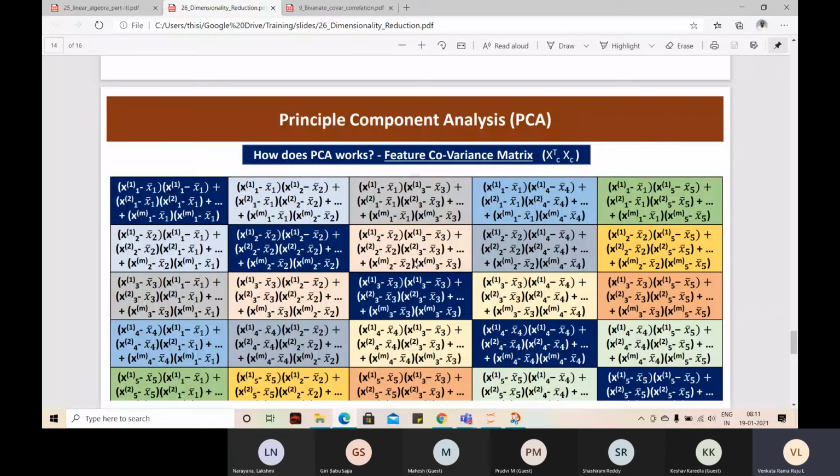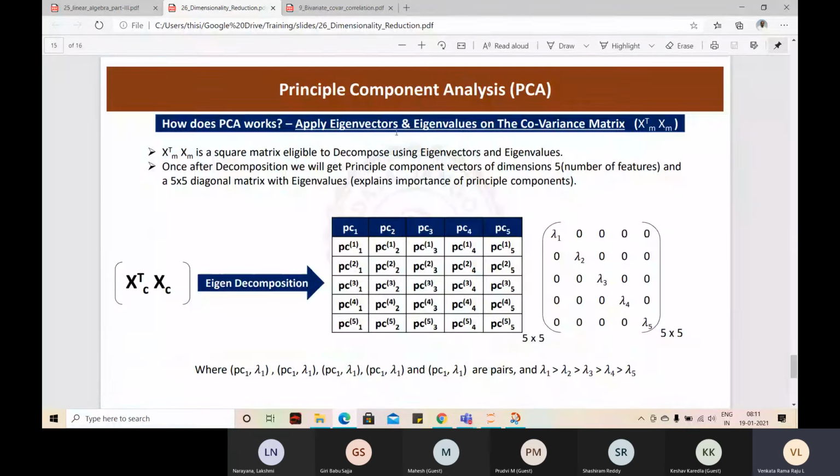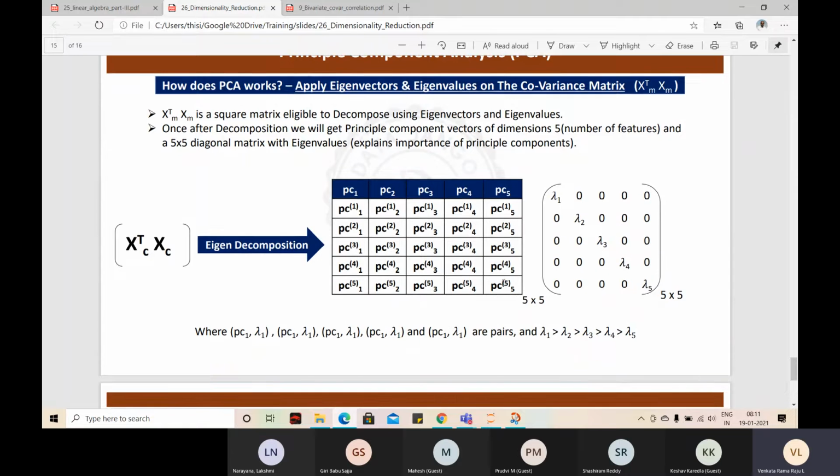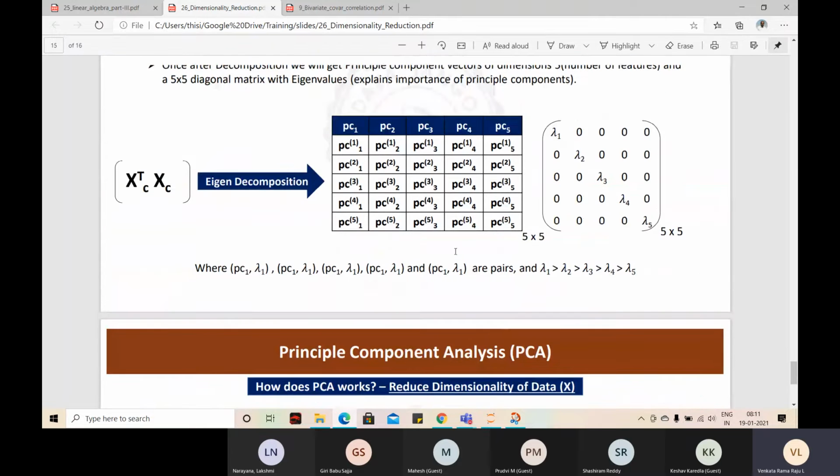Once I had the covariance matrix, I did eigenvalue decomposition to extract the essence, the direction in which the most essence is present. The first one is going to have more, the second a little less, the third a little less, like that. And then I took only the first 3 principal components, because they are the most essence-extracted principal components.